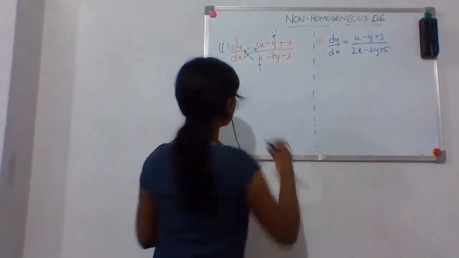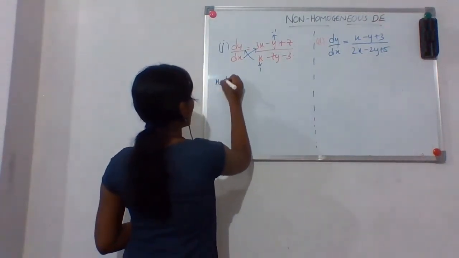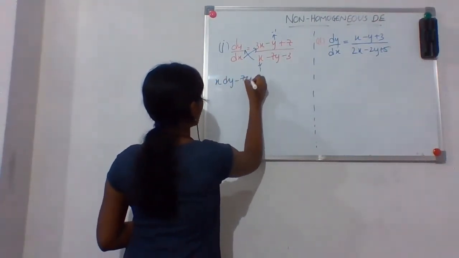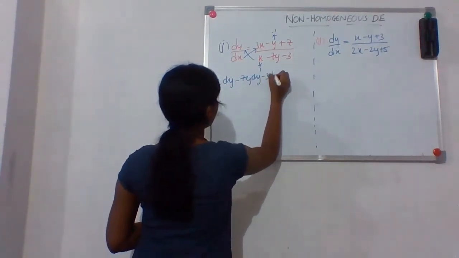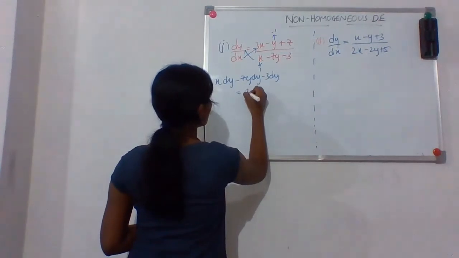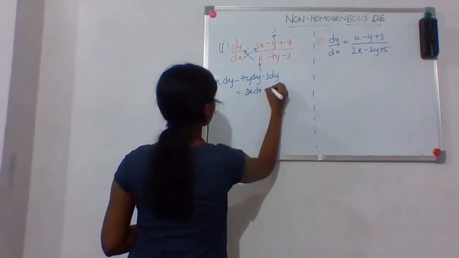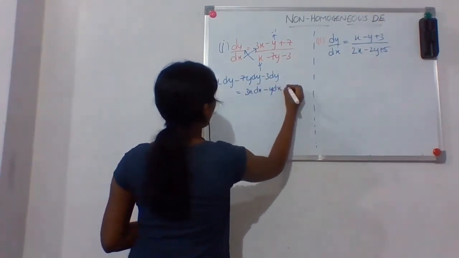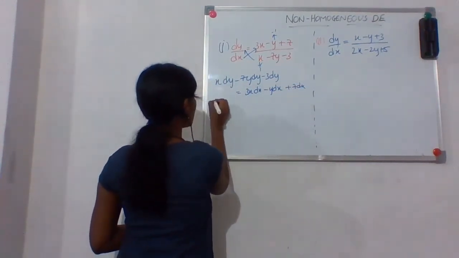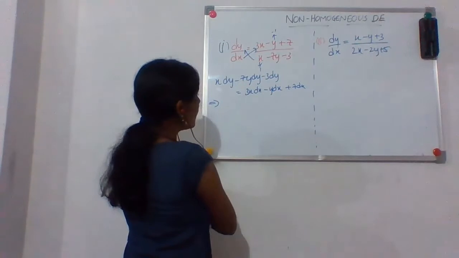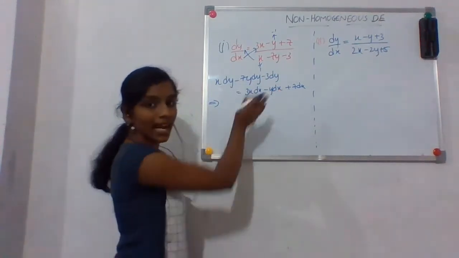So x dy minus 7y dy minus 3 dy is equal to 3x dx minus y dx plus 7 dx, right? In my next step, I'm going to bring this y dx to that side.